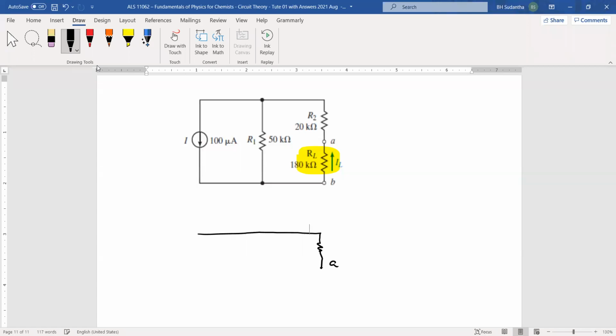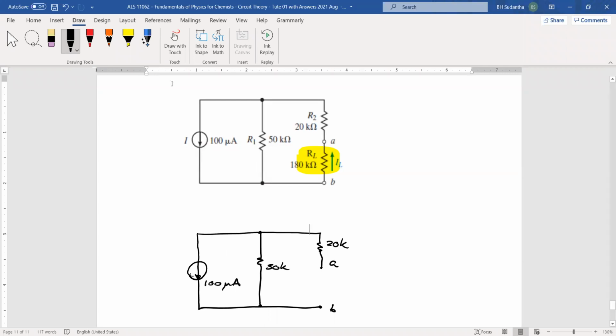This is point A, and this is B. Here you have 50K resistor. This one is 20K resistor. And the current source, this one, is 100 microamperes.